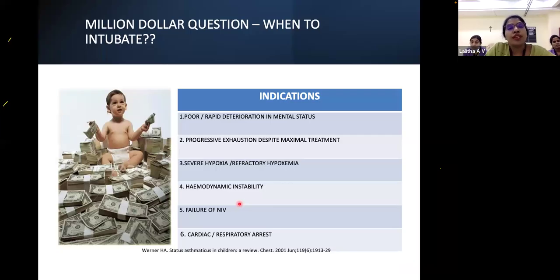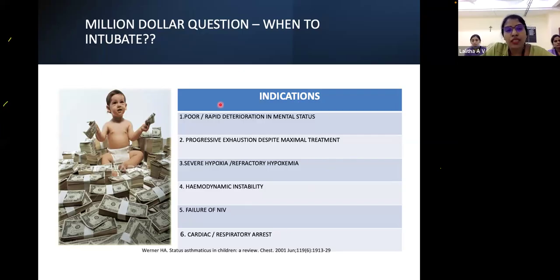So when should we intubate a child with bronchial asthma? As I said, avoid intubation as late as possible, unless the patient has deteriorating mental status, the sensorium is becoming depressed, or the patient is becoming completely exhausted or has severe hypoxemia, or might be going into impending respiratory arrest.